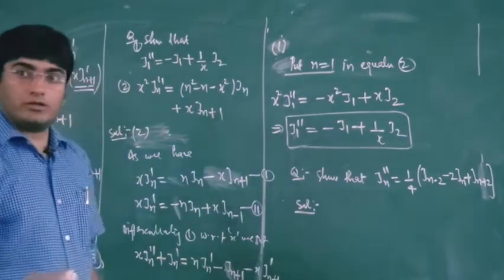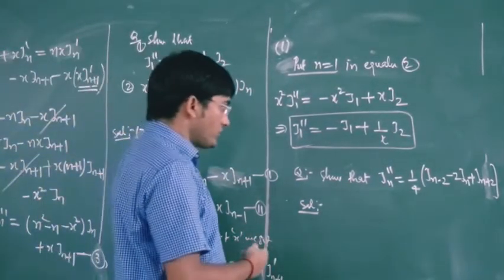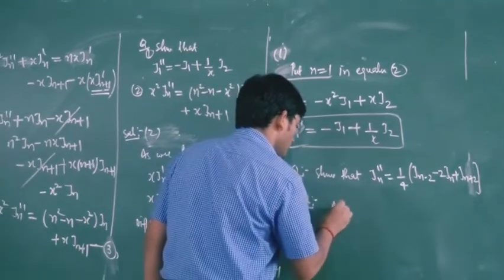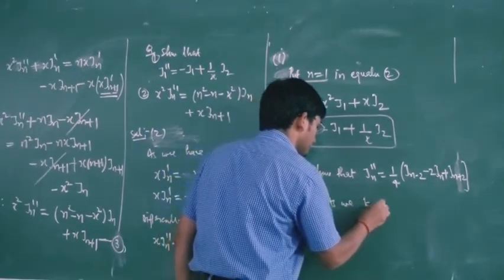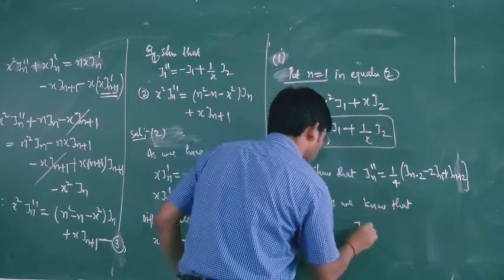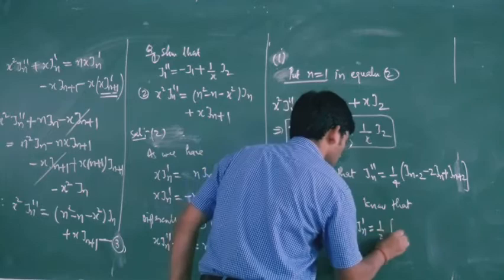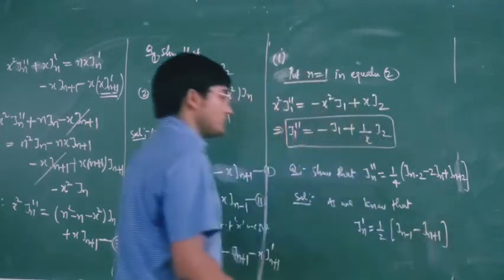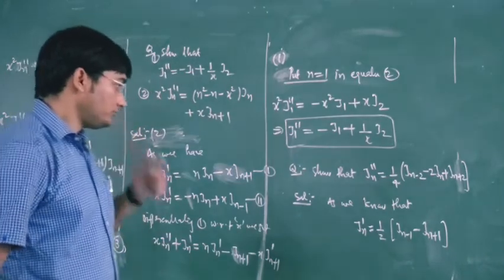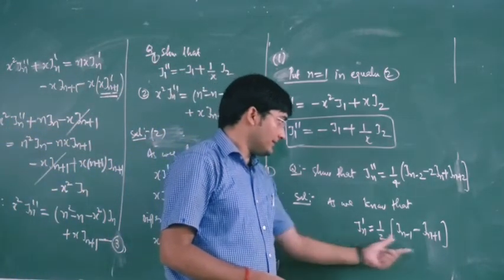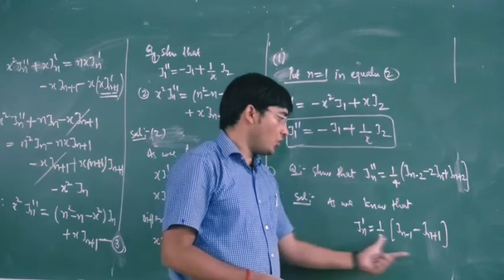again use your recurrence relation 4. Your recurrence relation 4 was, as we know, Jn dash equal to half (Jn minus 1 minus Jn plus 1). This was your recurrence relation number 4. Now let us differentiate this whole equation.